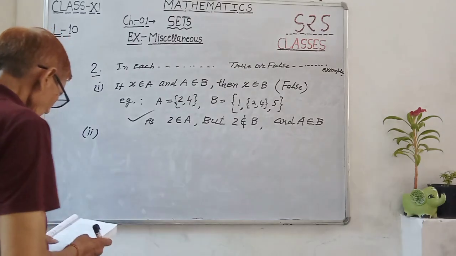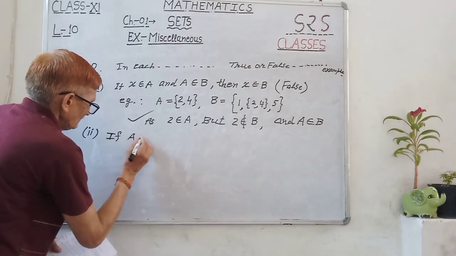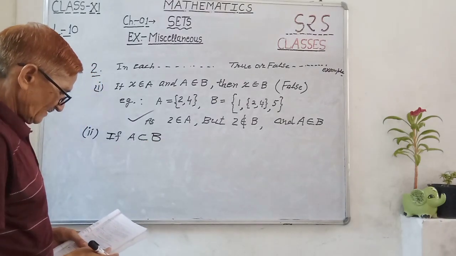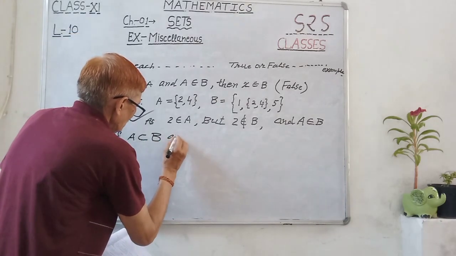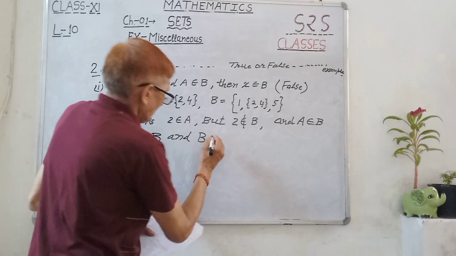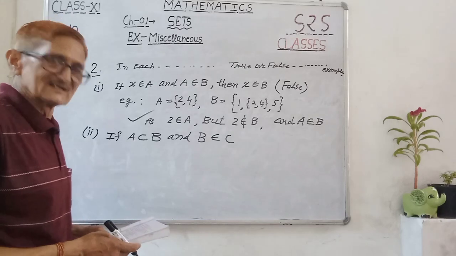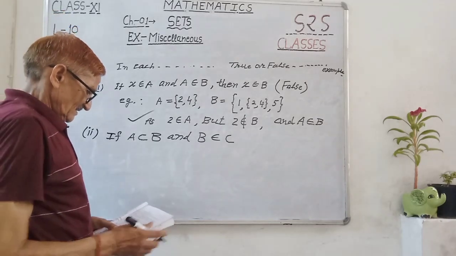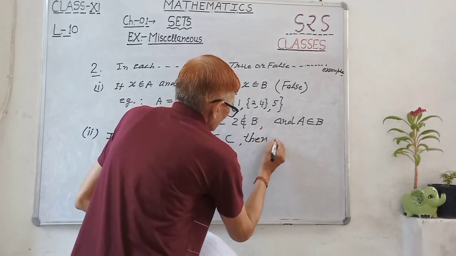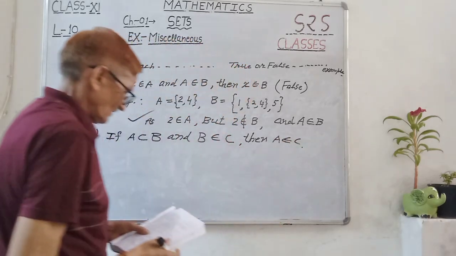The second part is, if A is the subset of B and B belongs to C, that is, set B is completely in the set C, then A belongs to C. Understand?